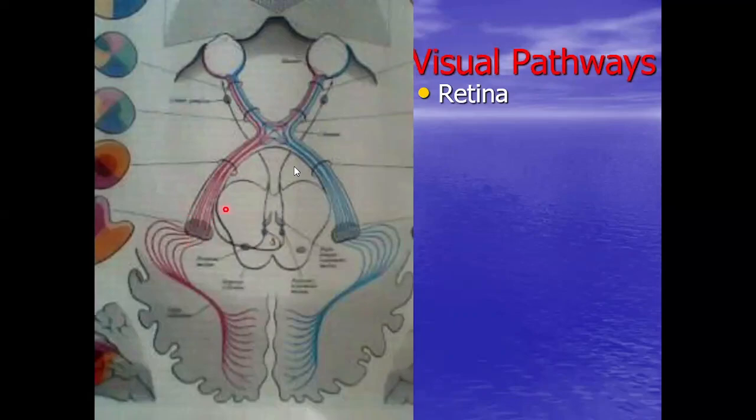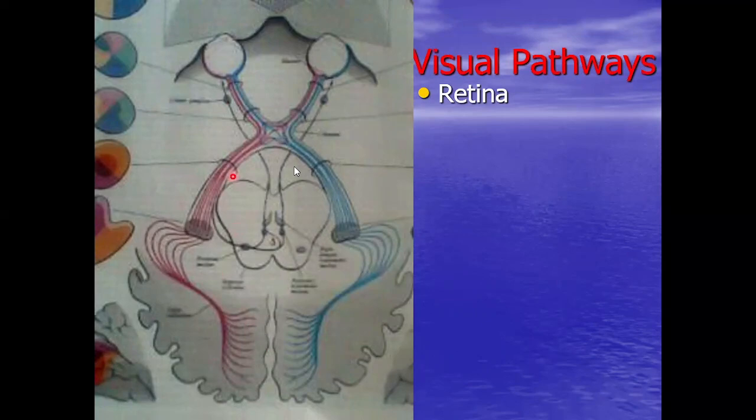So this is now synapsing with the fourth order neurons, which form what we refer to as the optic radiation. The optic radiation passes through the internal capsule of the cerebral cortex, projecting to the occipital lobe, the primary visual cortex in the occipital lobe.